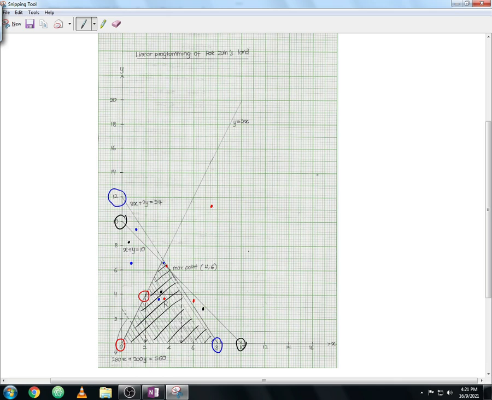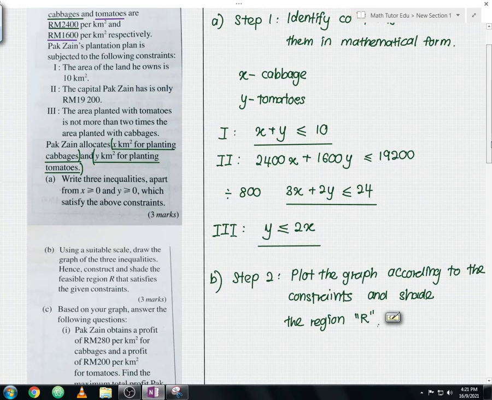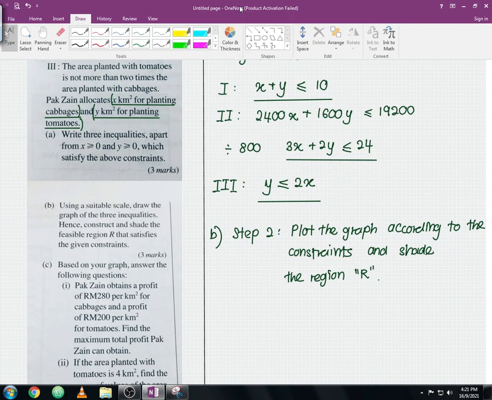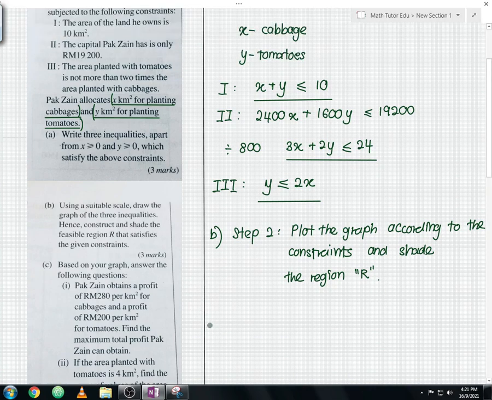Let us proceed to question part C. Question B, I hope you guys are clear about this. For question C part 1, it mentioned that Pak Zain obtains a profit of 280 ringgit per kilometer square for cabbage and a profit of 200 ringgit per kilometer square for tomatoes.